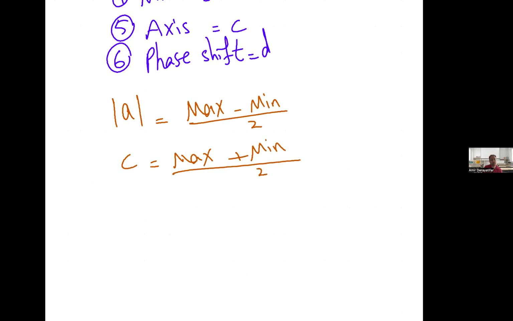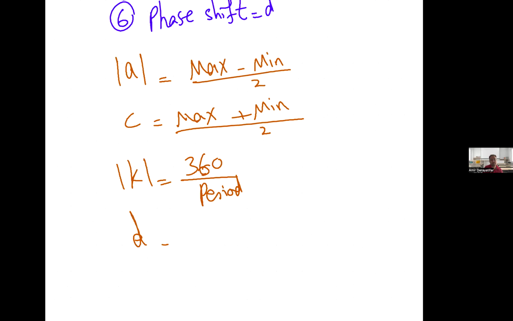For the absolute value of k, it is 360 degrees over period. And for d, that is the phase shift. So you have to look at the graph and see how much the graph has been shifted to the right or left, and that would be your d value. Or sometimes, if it's not an exact value, you need to find a good point, plug it in as x and y, and solve for d.